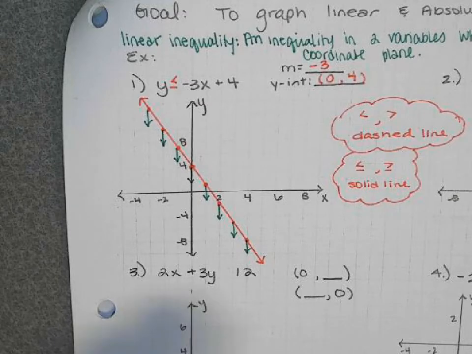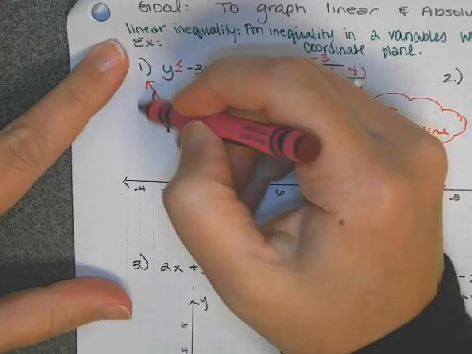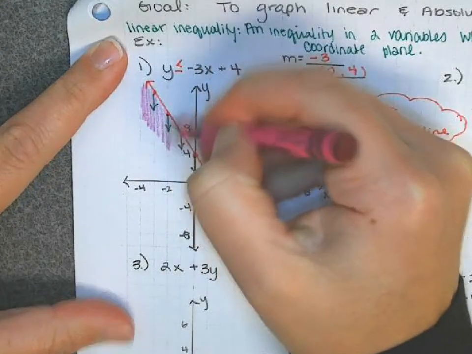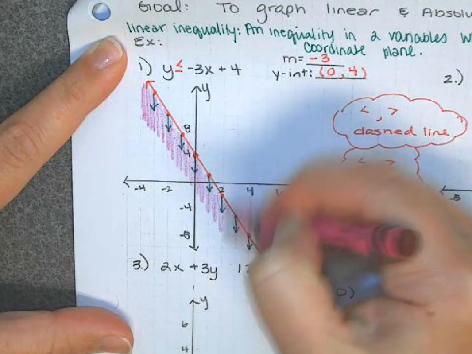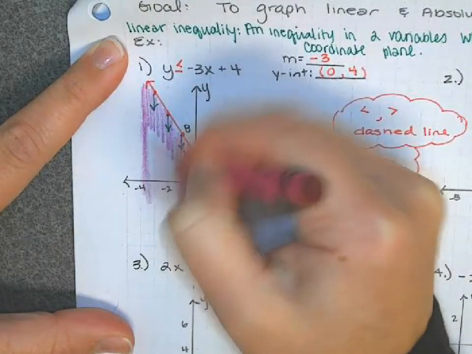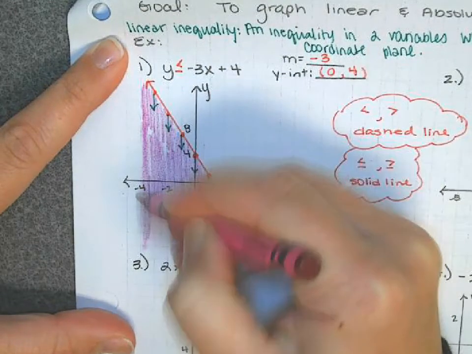So it's important right now that you put those arrows on there, because now it's very obvious where we're going to shade on our graph. Anything below that line is part of the solution. So we shade all of that.